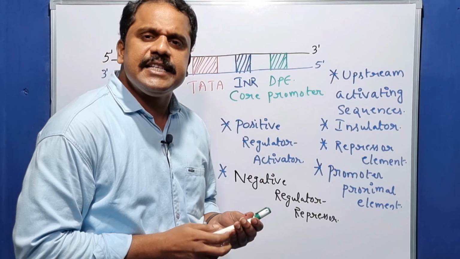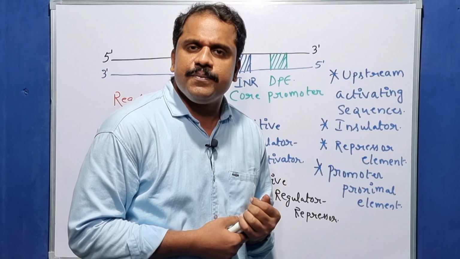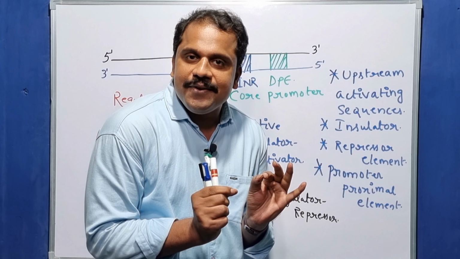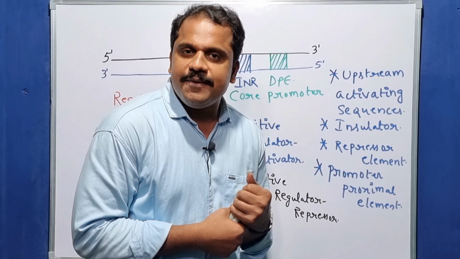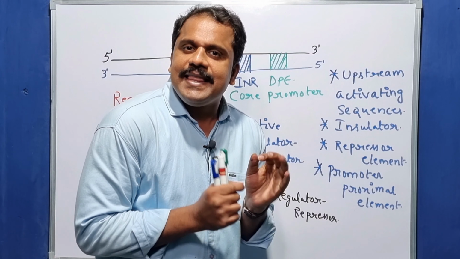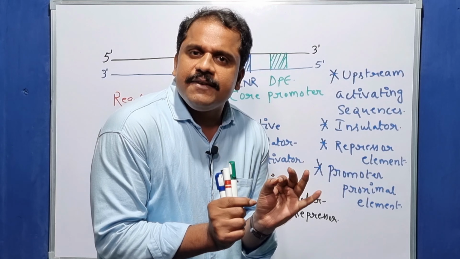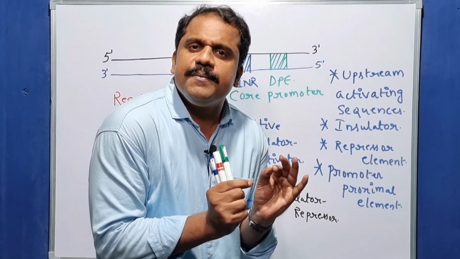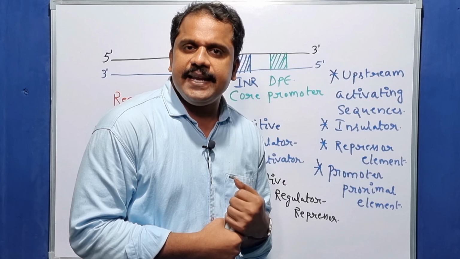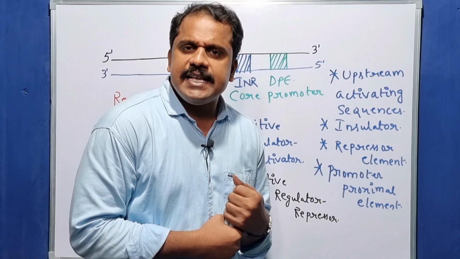So though the transcription mechanism in eukaryotes is very similar to the transcription mechanism in prokaryotes, still it varies in certain aspects. So what are the certain aspects here?